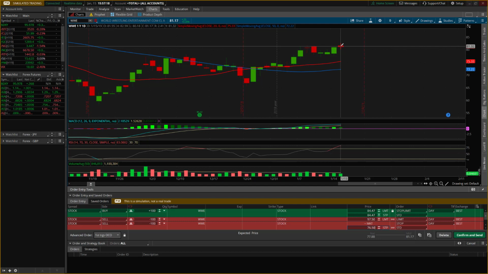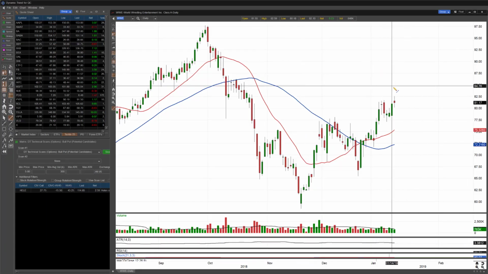82.59. Now, a good rule of thumb is to use what is known as an ATR to determine how far above the high you want to place that order. So I'm going to go back to my analytics software, and you can see this stock right here has an ATR of $3.38. That means that on an average day, from the very high to the very low, the stock moves $3.38.